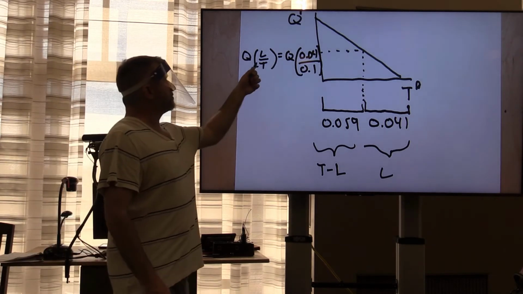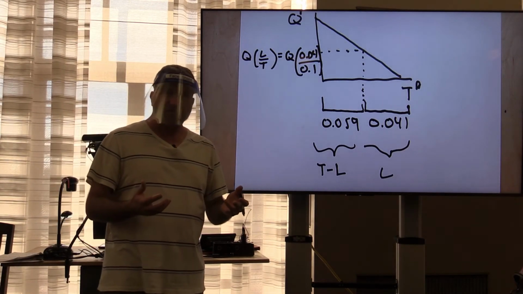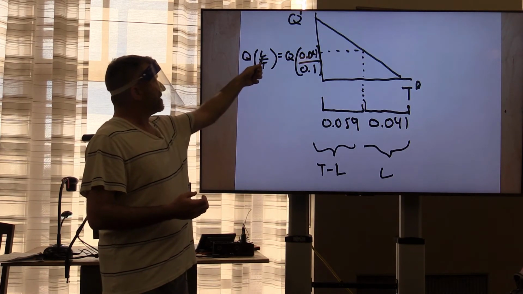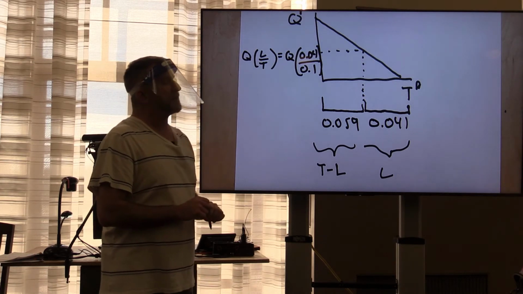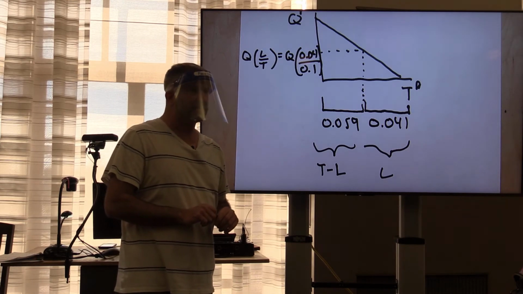And so there's some intuition of why that's a reorder point. So if you have L time left, then that means that L divided by T would be about the fraction of the inventory you should have left when you reorder.